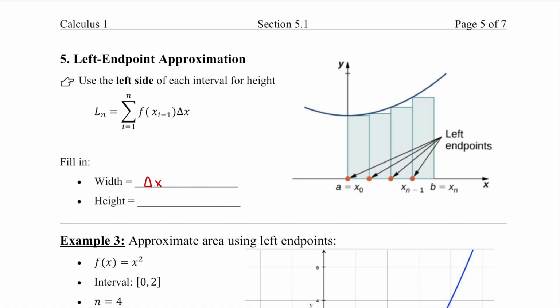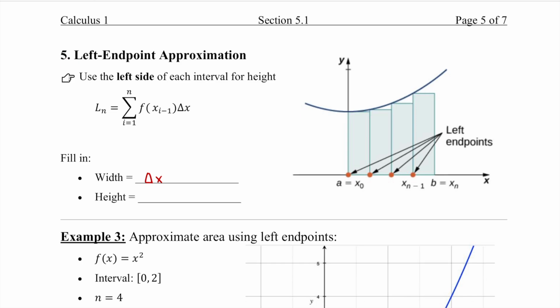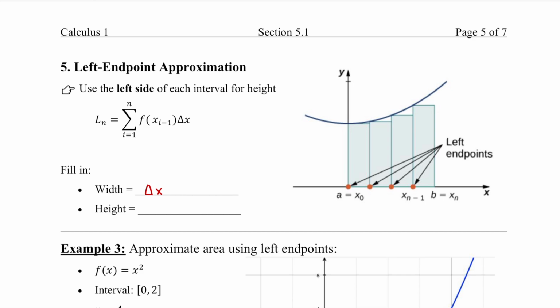Now, in this method, the lengths of the rectangles come from the left endpoints. So for each rectangle, we start at the left endpoint of the interval, go straight up until we hit the curve, and that gives us the height of the rectangle.